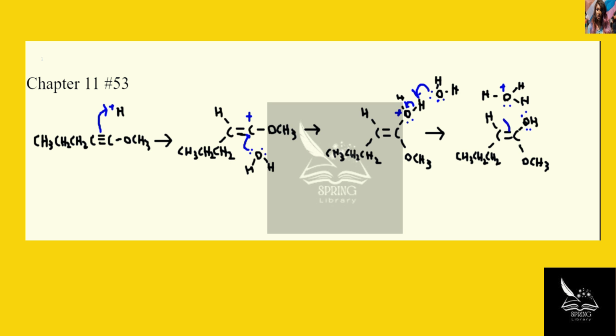The electrons of this double bond can grab one of these protons, and those electrons will revert to that oxygen. And so now we've protonated this double bond, and so we will have this.